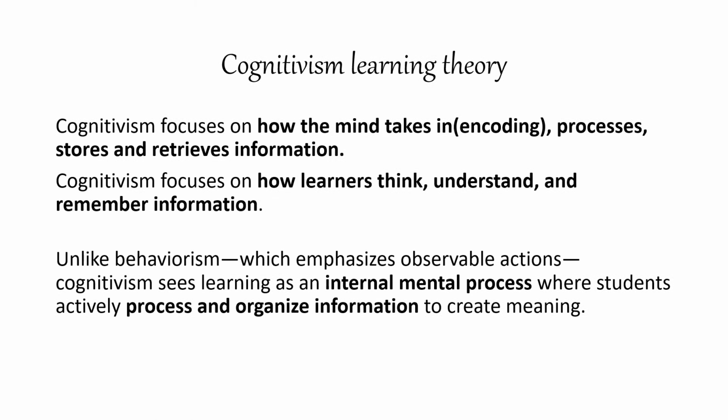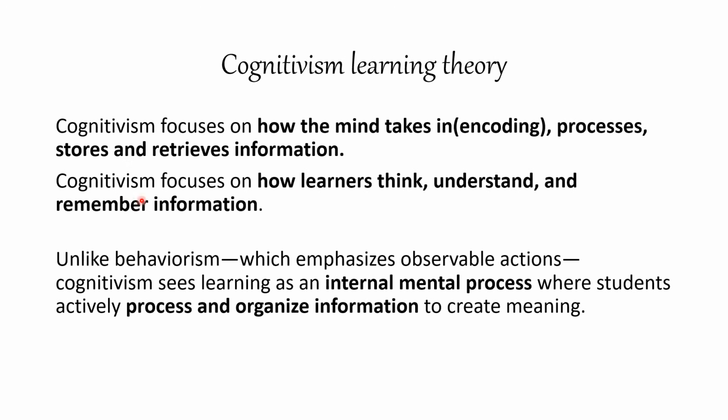Okay, so before that, let's also focus on what cognitivism learning theory is about. Well, cognitivism focuses on how the mind takes in, that is encoding, processes, stores, and retrieves information.